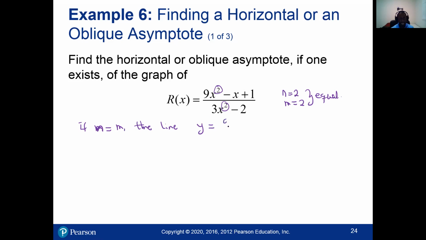So in this case, 9 over 3, which is 3, is your horizontal asymptote. So the line y equal to 3 is my horizontal asymptote. Here we want to see where this graph crosses the horizontal asymptote, y equal to 3.